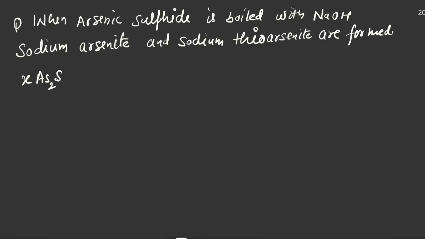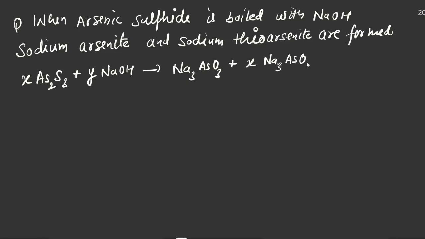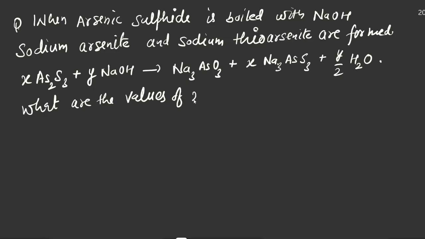It is X As2S3 plus Y NaOH to give Na3AsO3 plus X Na3AsS3 plus Y by 2 H2O. So what are the values of X and Y?